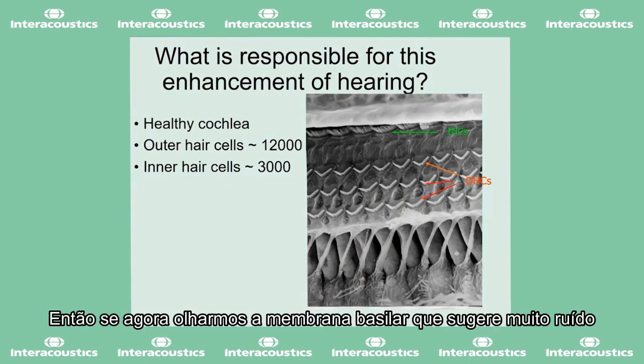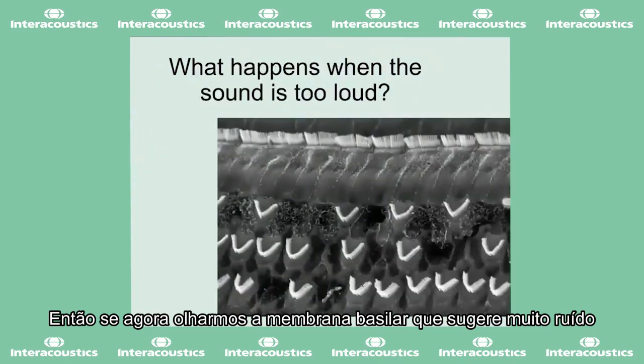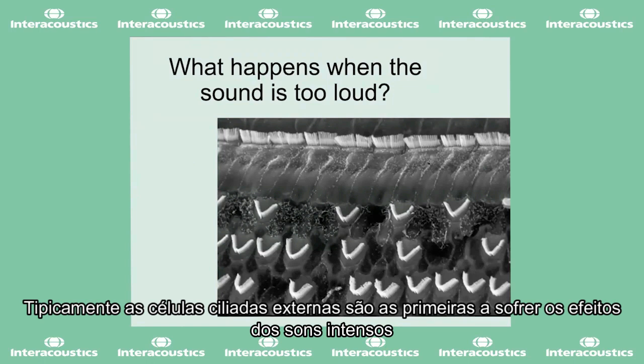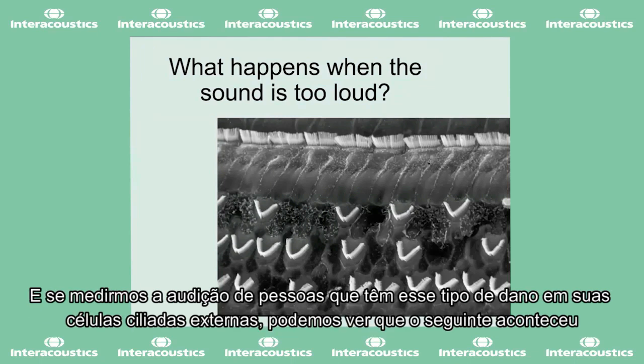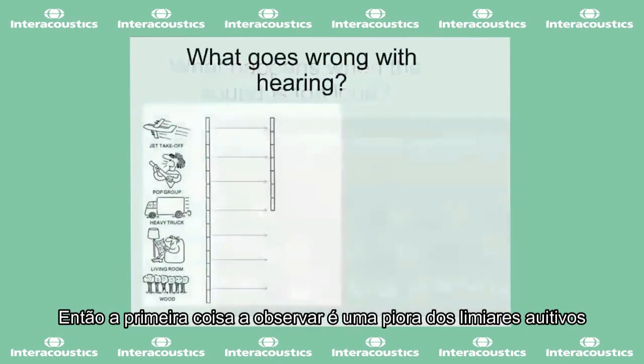So if we now look at a basilar membrane that's been subjected to too much noise, typically the outer hair cells are the first to suffer the effects of loud sounds. If we measure the hearing of people who have this kind of damage to their outer hair cells, we can see that the following has happened. The first thing we observe is that the threshold of hearing worsens.